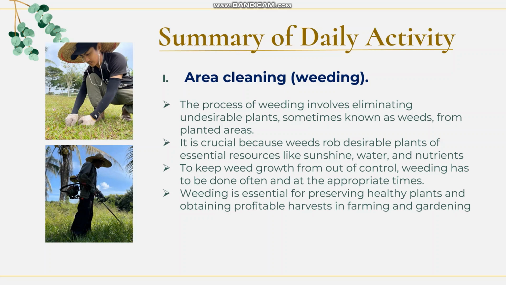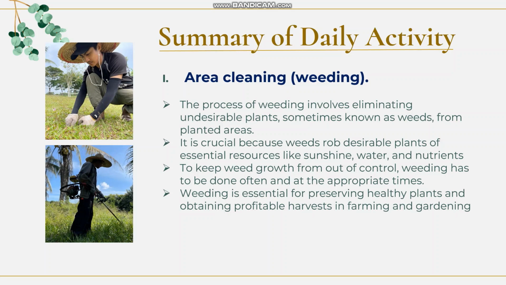Summary of daily activity. Firstly, area cleaning, which is weeding. The process of weeding involves eliminating undesirable plants, sometimes known as weeds, from the plant area. It is crucial because weeds rob desirable plants of essential resources like sunshine, water, and nutrients.